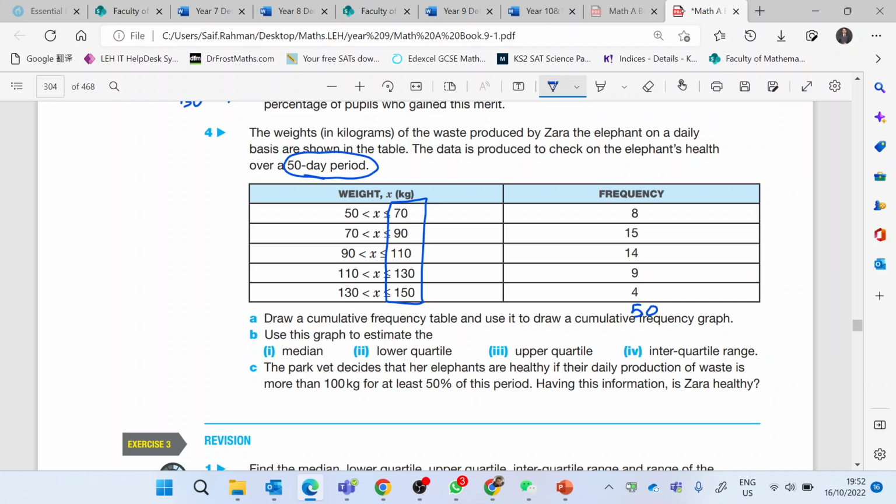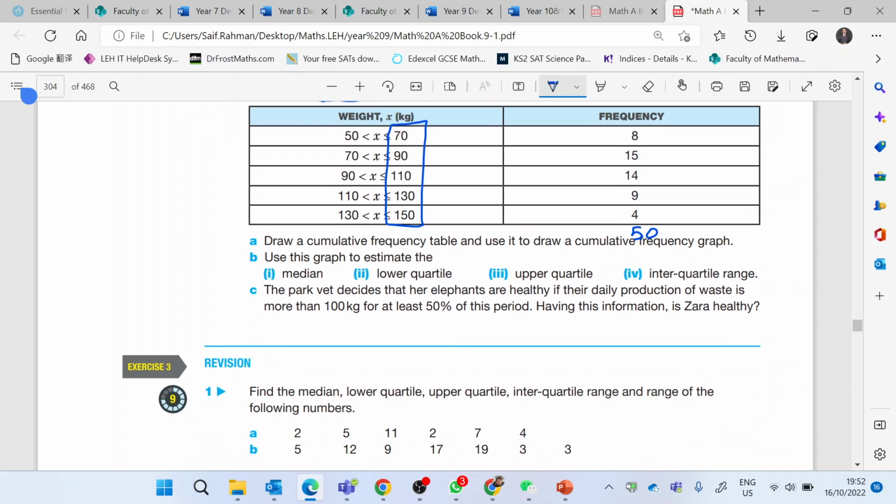Okay, and then use this graph to estimate the median, lower quartile, upper quartile, and interquartile range. The market decides that elephants are healthy if their daily production of waste is more than 100 kg for at least 50% of this period. Having this information, is Zara healthy? So you have to solve this question, right?